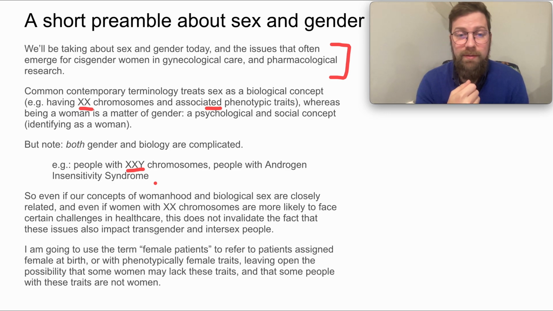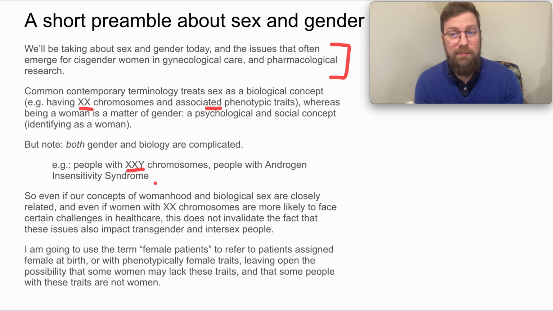They will also not have all the same phenotypic traits of a typical genetic male. In fact, a person with androgen insensitivity syndrome will not have a uterus, and in fact, they don't have ovaries. They actually have internal rather than external testicles. But the reason why I'm talking about androgen insensitivity syndrome is that we need to realize that sex is very complicated, just as gender is.